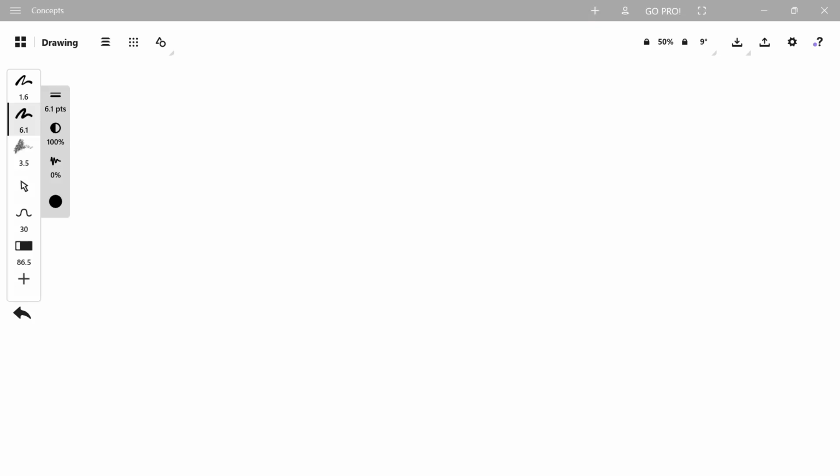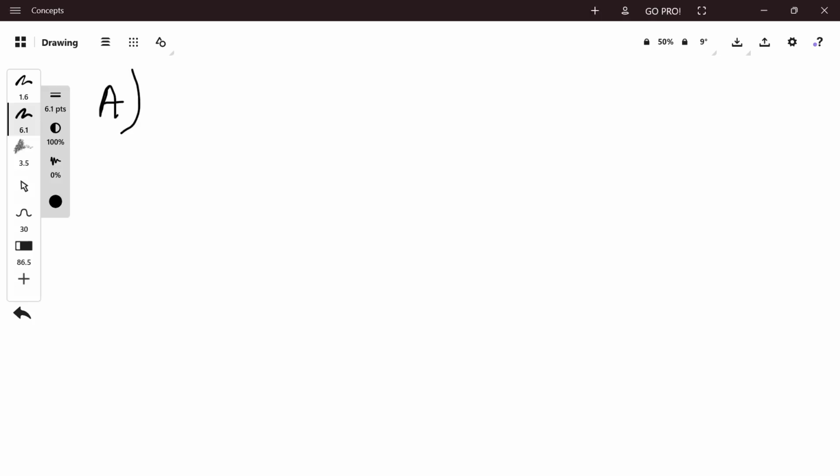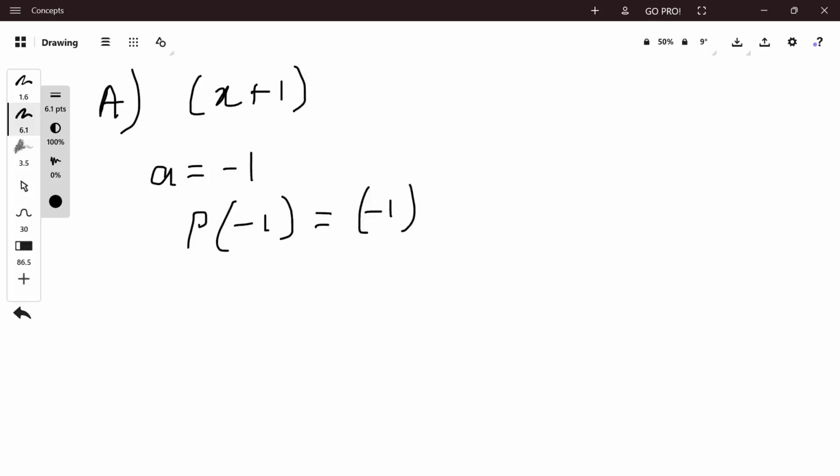We test option A first, that is x plus 1. Here a is equal to minus 1. So p of minus 1 is equal to (minus 1) cube plus 6 (minus 1) square plus 11 (minus 1) plus 6.